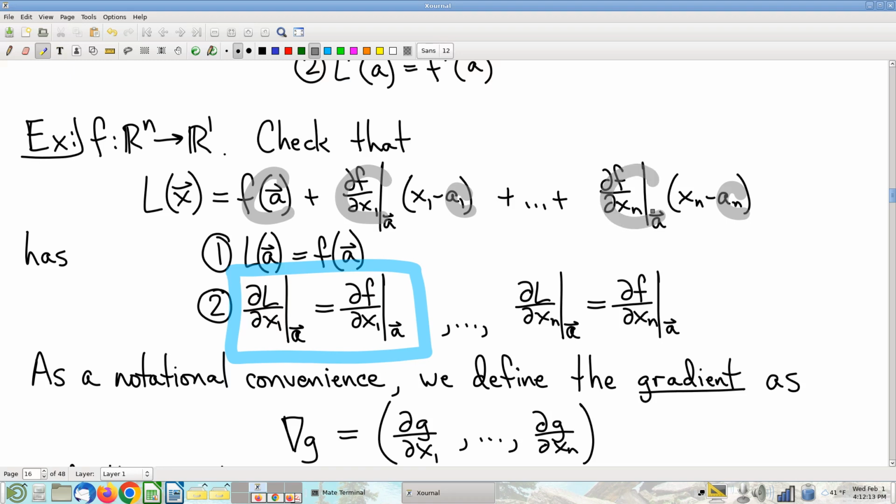These partials, keep in mind, the partial of f with respect to xn, yeah, that's a function of a bunch of different variables, but I'm plugging in the value a. And after I've plugged in that value a, it's just a number, because it doesn't depend on how this x changes. As those x's change, I'm still plugging in the same a in here, so that's a constant.